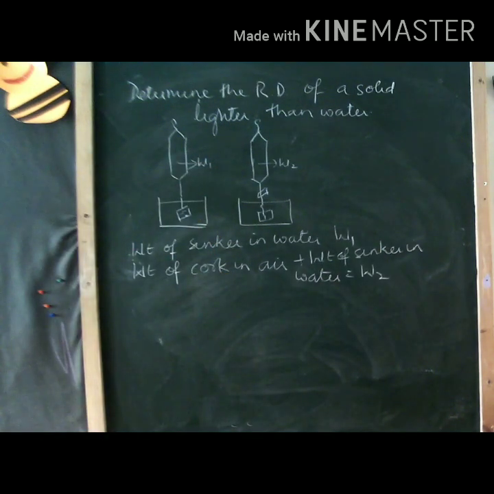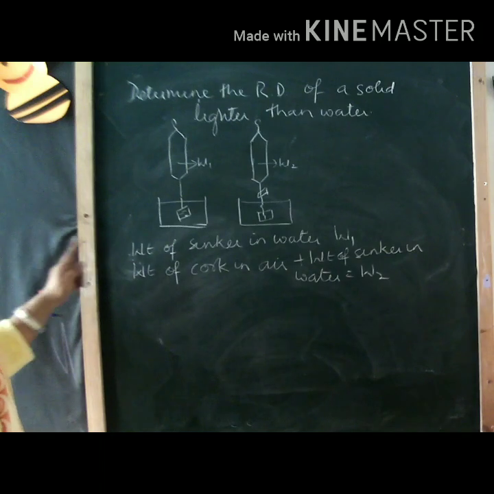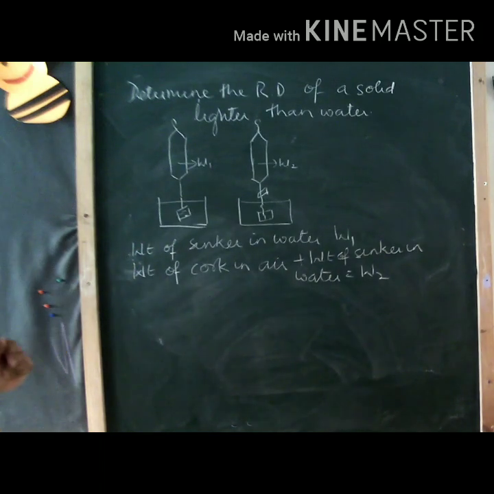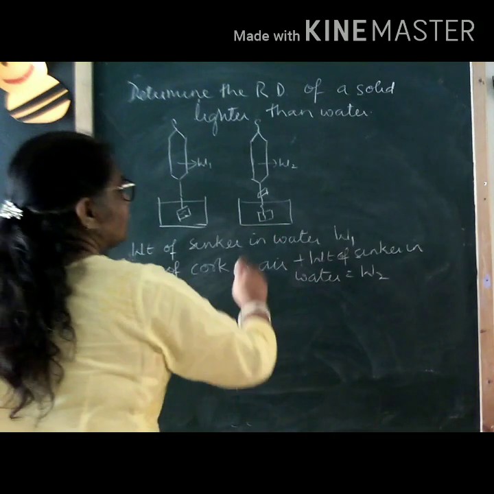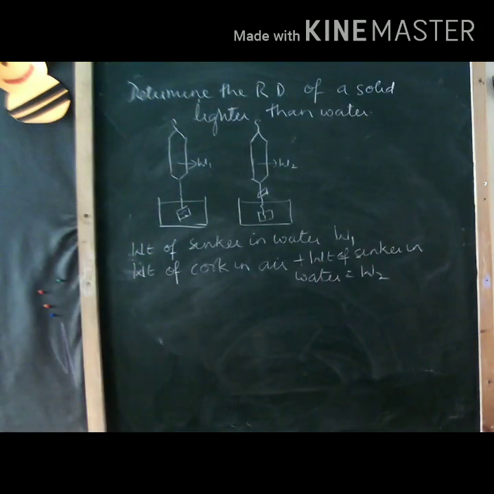Now see children, in this first step, I have weight of sinker in water. In the second one, I have weight of cork in air plus sinker in water. If I subtract these two, don't you feel weight of sinker in water and weight of sinker in water will eliminate? And what am I left with? Weight of cork in air.